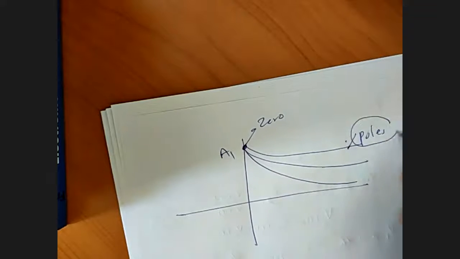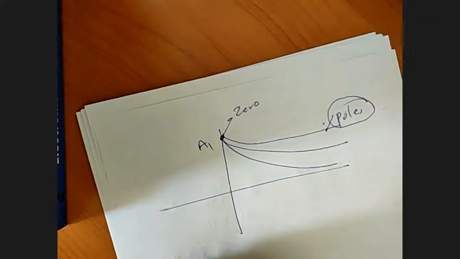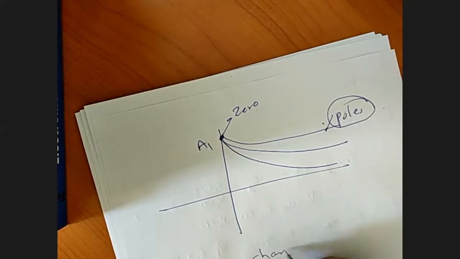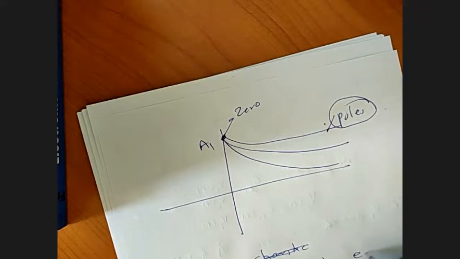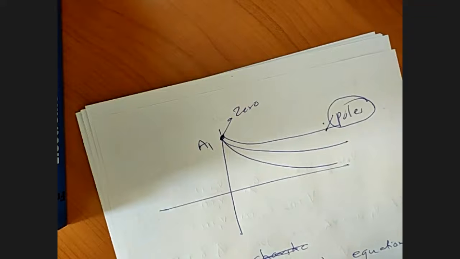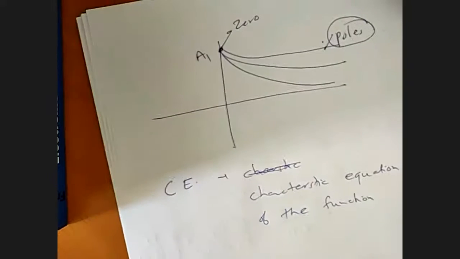So the poles decide the system behavior, and that's why B(s) is known as the characteristic equation of the function.